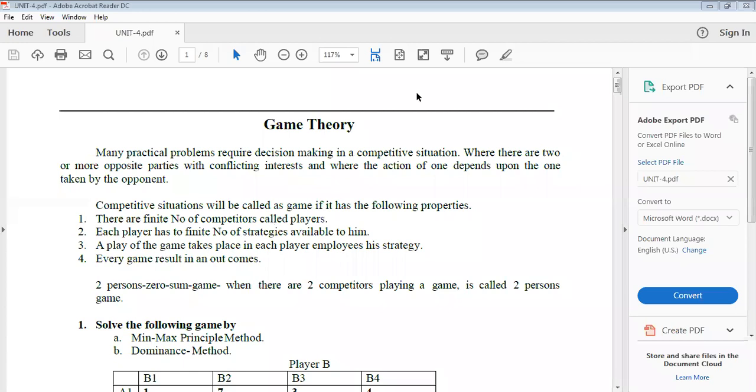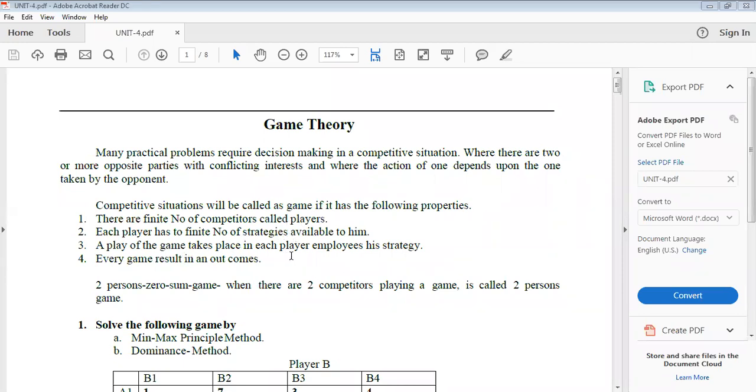If you take up cricket, it will consist of 11 plus 11, like that, 22 players. And each player has a finite number of strategies available to him. Depending on the situation, every player will have so many strategies.